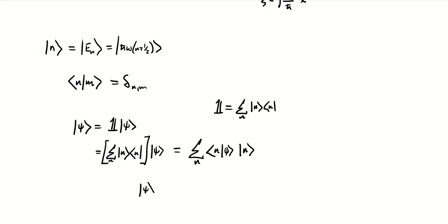Essentially, or written another way, this is just a linear combination. So we have some coefficient, a linear combination of all my basis vectors, right? Where we've defined Cn as equal to the projection of that state vector onto that basis axis, right?